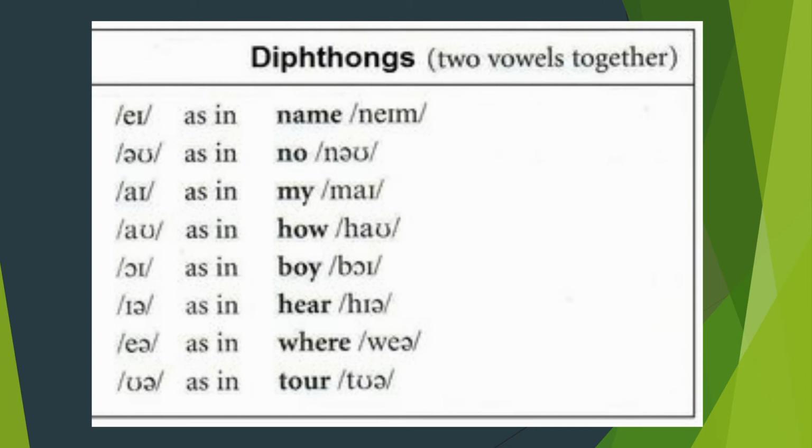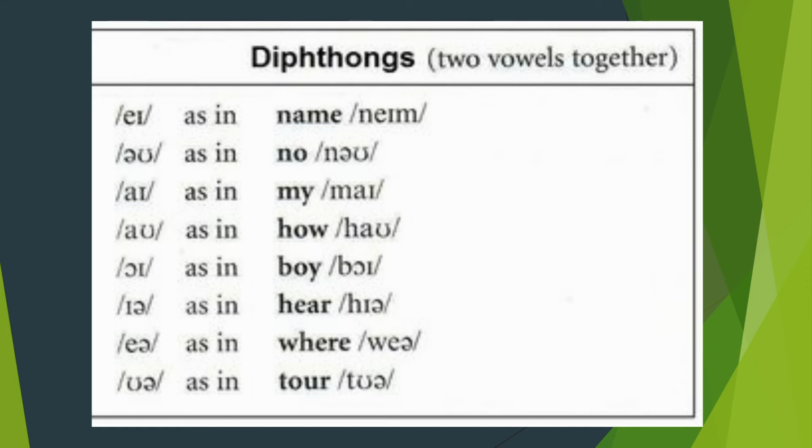but we Indian learners of English pronounce this one as name, nay. We say a vowel instead of a diphthong. Actually, the letter A after N in NAME is not giving A sound.